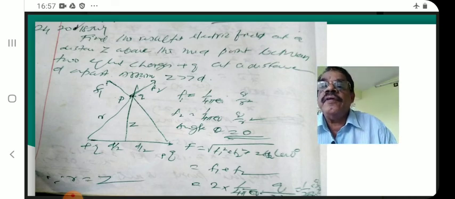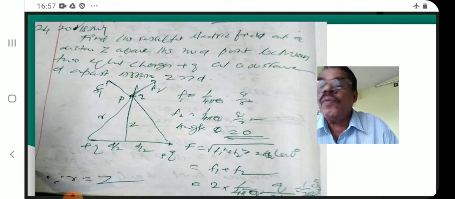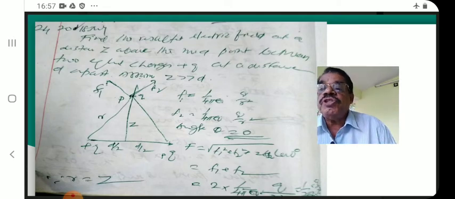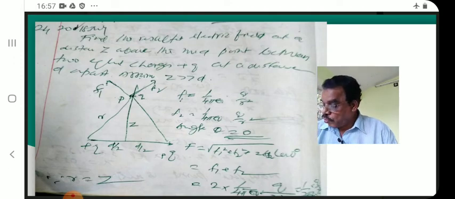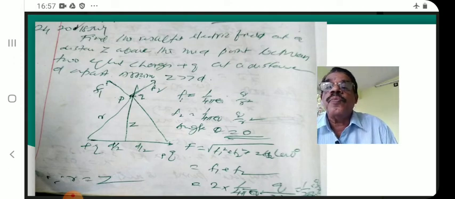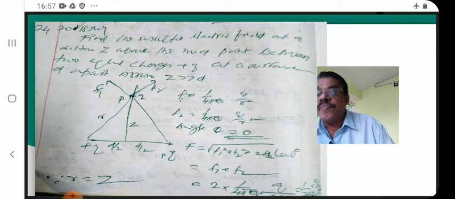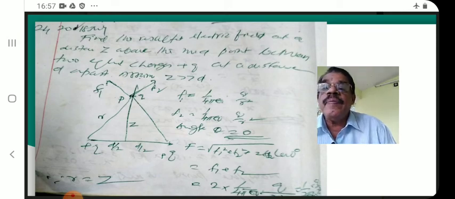We find the force due to first charge F1, 1 by 4 pi epsilon 0 Q by R square. F2 similarly, 1 by 4 pi epsilon 0 Q by R square. The two forces are equal and the angle between them can be taken as 0. What is the reason?